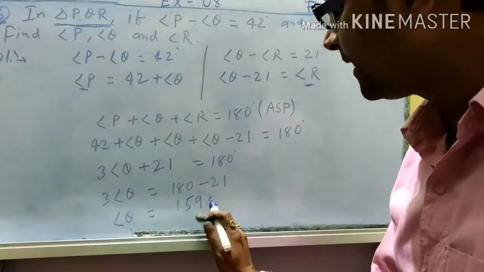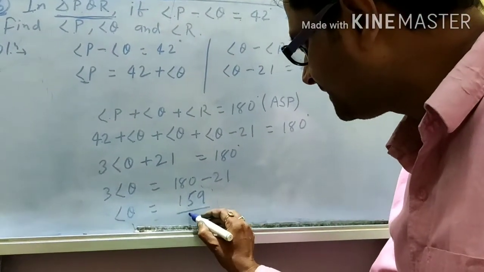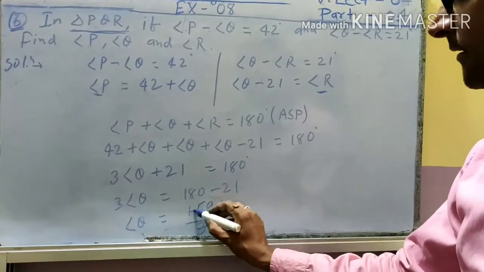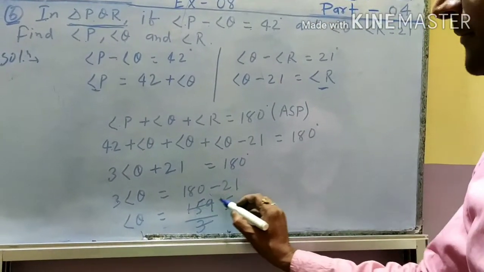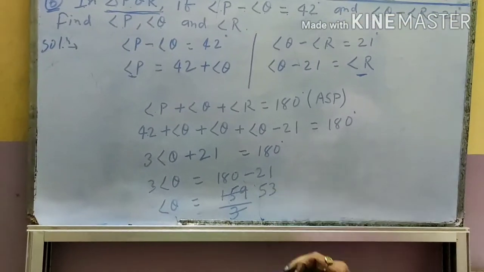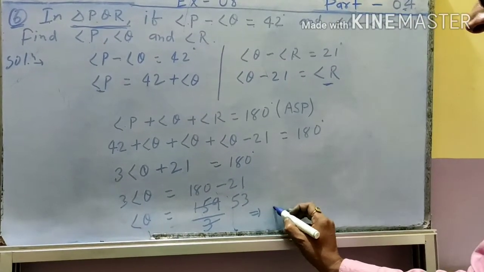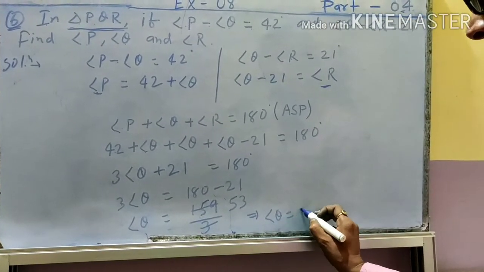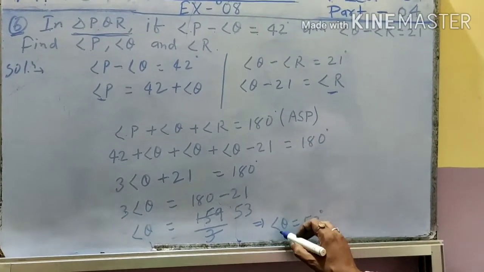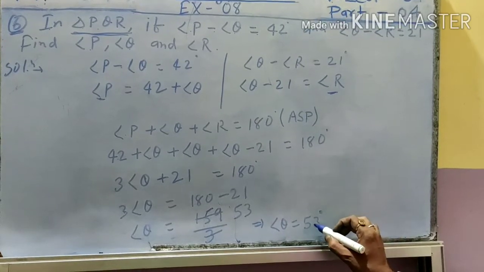Angle Q is equal to 159 divided by 3 because 3 is divided here. 3 5s are 15, and 3 3s are 9. So here, student, angle Q is equal to 53 degrees. One value is calculated here. Angle Q is equal to 53 degrees.